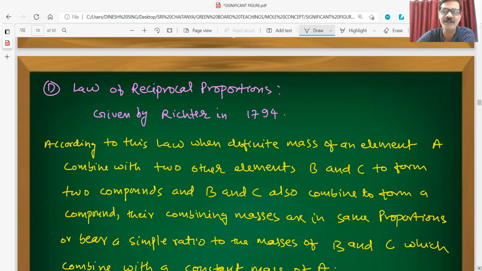Whatever mass of B and C is combined with A, whatever is the ratio of B and C with A, the same will be the ratio of B and C combining with each other, or if it is not the same, then it will bear a simple ratio.